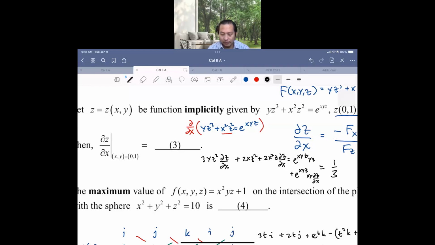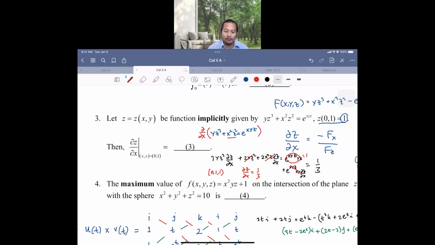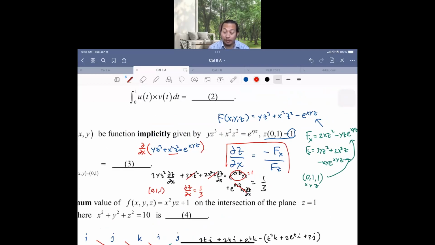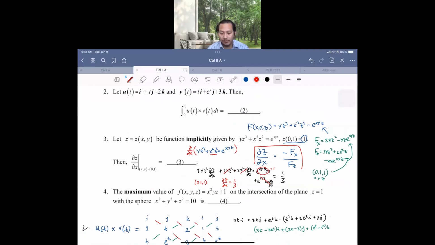And then simplify through taking 0, 1, 1. So all x will be 0, and then simplified, this is becoming 1, so this will be ∂z/∂x is 1 over 3. Okay, same answer. You can directly use implicit or using this formulation here. It's also the implicit formula in function of two variables.